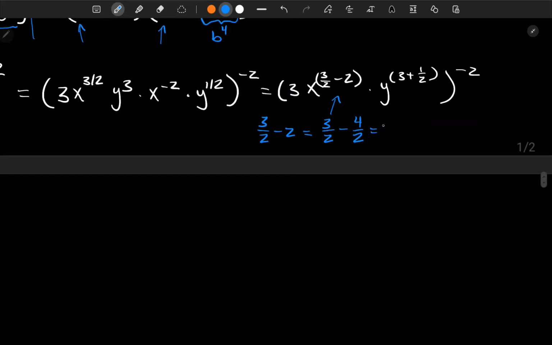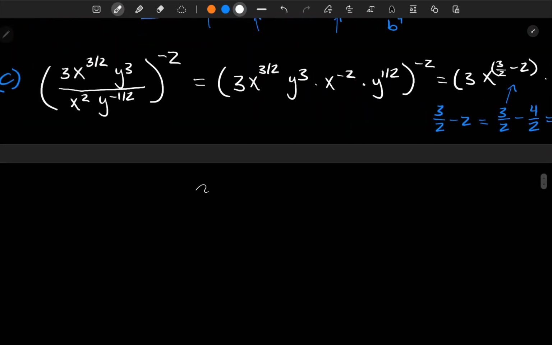So that would mean this is equal to negative 1/2. And similarly, here, 3 plus 1/2 is equal to 6 over 2 plus 1/2, because 6 over 2 simplifies to 3. And then these have the same denominator, so this becomes 7 over 2. And it's 7 because it's 6 plus 1.